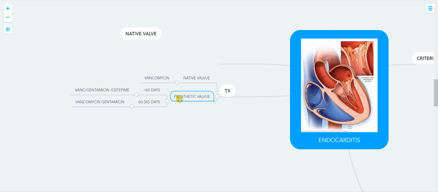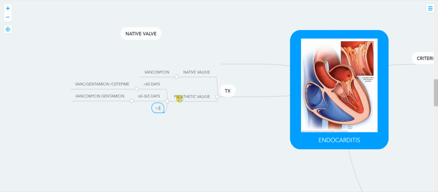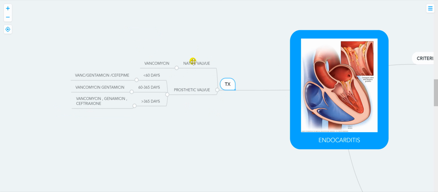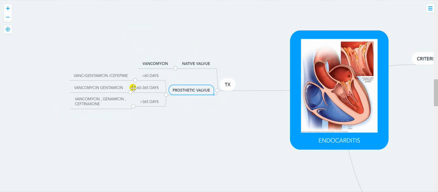But if the prosthetic valve has been there for more than 365 days, then you give vancomycin, gentamicin, plus ceftriaxone. So this is for the prosthetic valve. Native valve, vancomycin. Prosthetic valve, usually vancomycin, gentamicin, cefepime if it's less than 60 days. If it's more than 360 days, instead of cefepime, you use ceftriaxone.